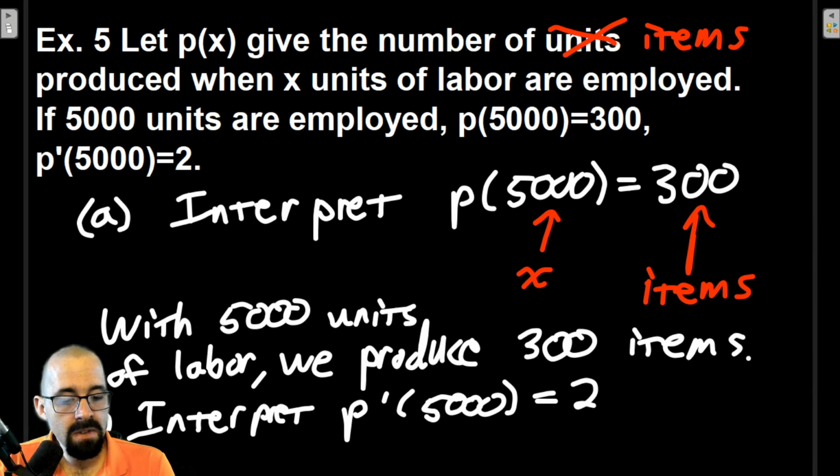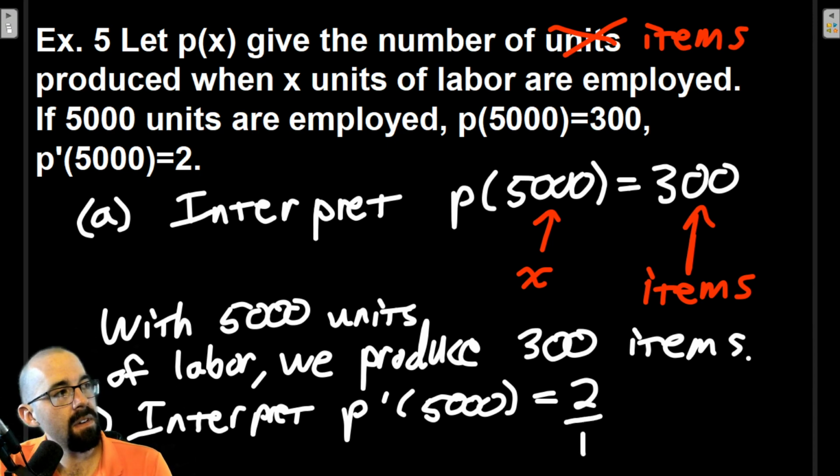We'll produce 2 more items with one more unit of time. If we think about the derivative as a slope, this is like 2 over 1, rise over run.